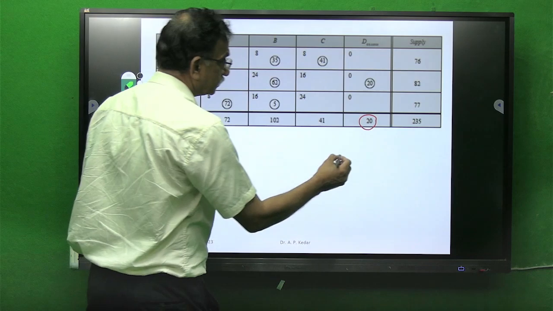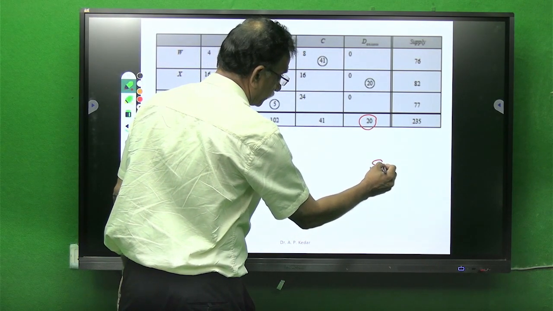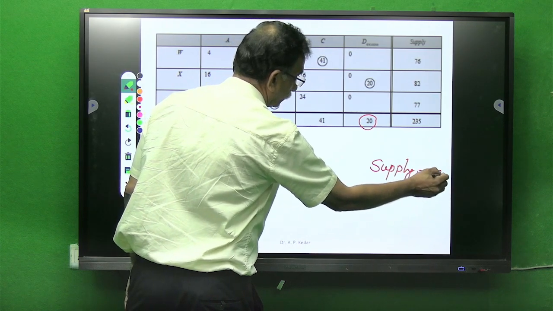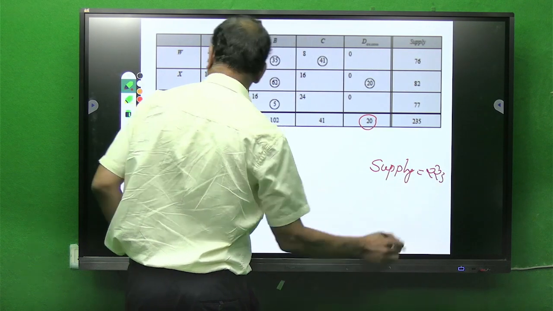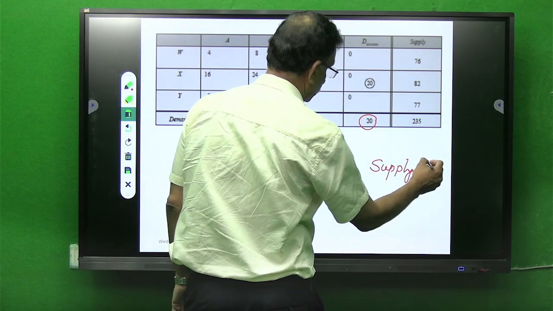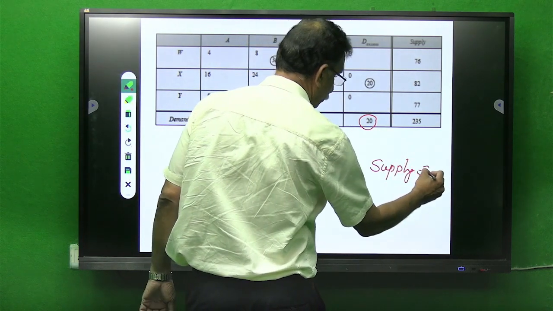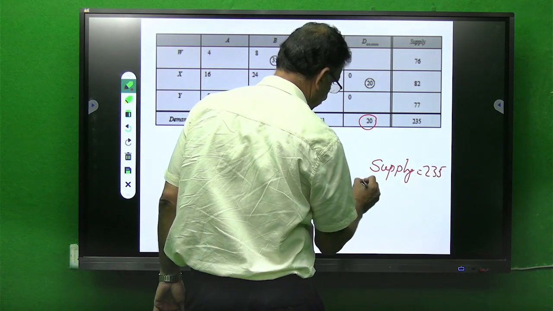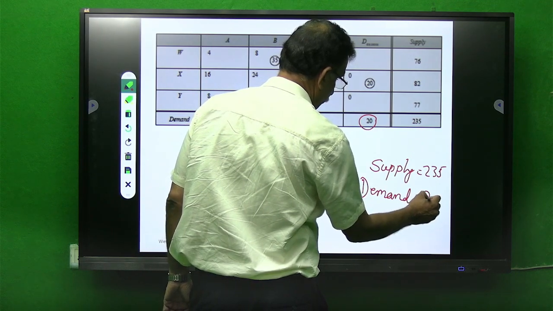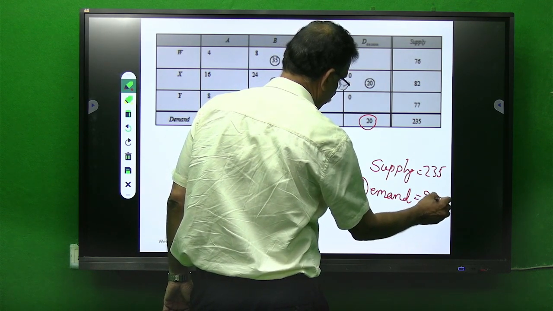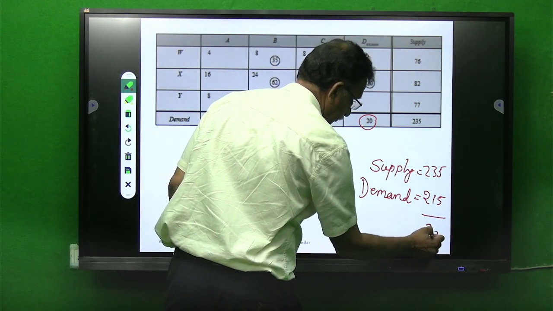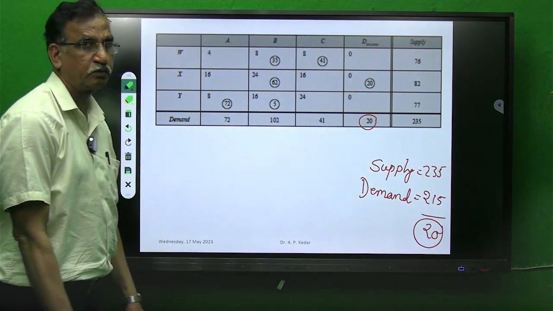In the previous slide the supply was 235 and demand was 215. So there is a gap of 20.